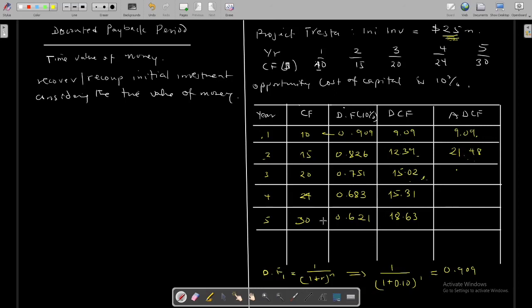Therefore, when we take the 3.52 and express it over 15.02, we get a decimal, 0.23.